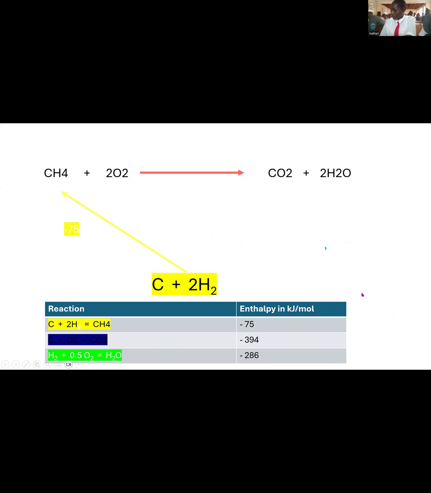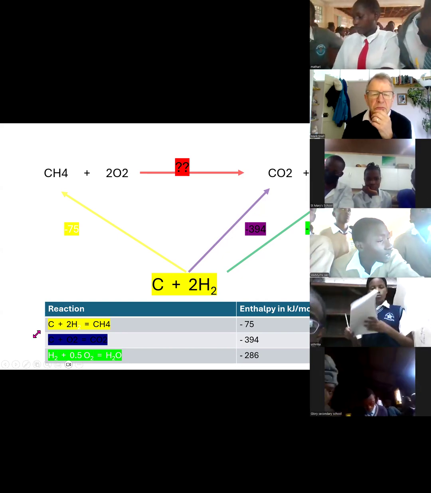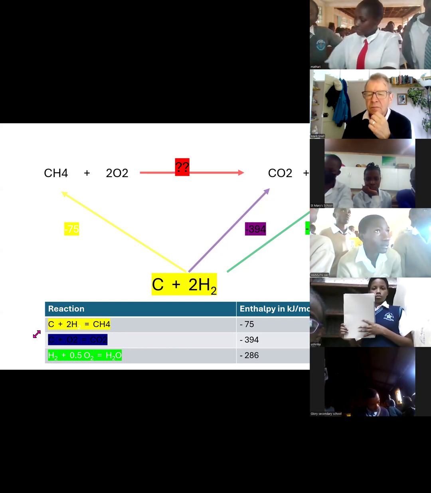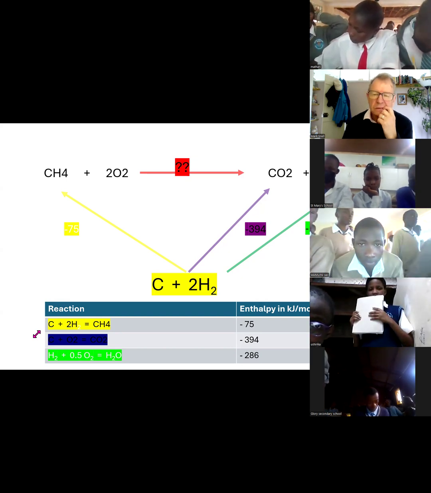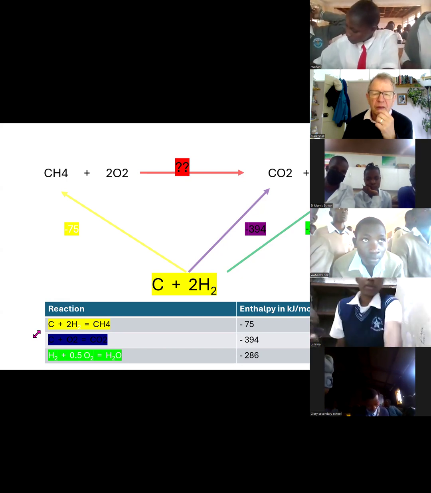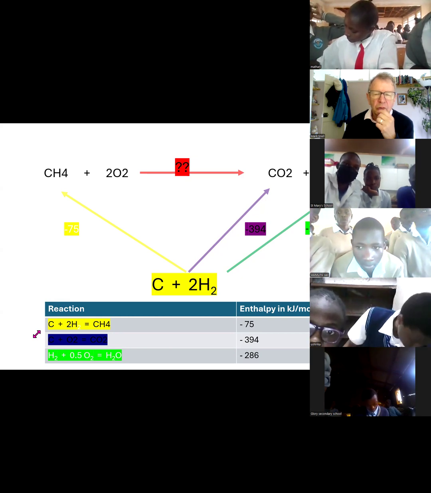Here are the arrows with the numbers. So what do I need to do?